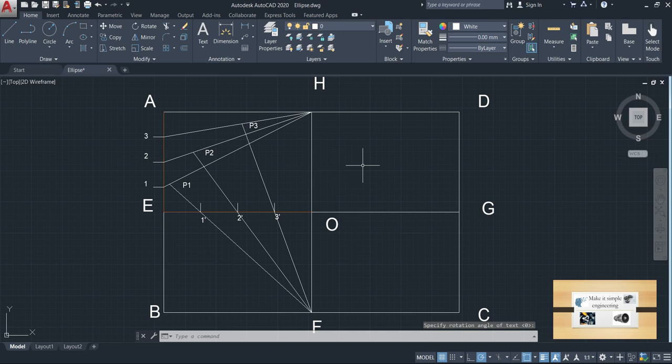Here you can see the intersections of lines: P1, P2 and P3. After this, the next step is you have to draw vertical and horizontal lines from P1, P2 and P3 to OH and OE.